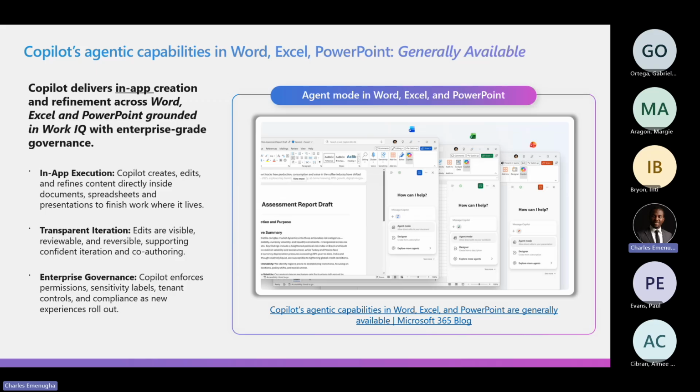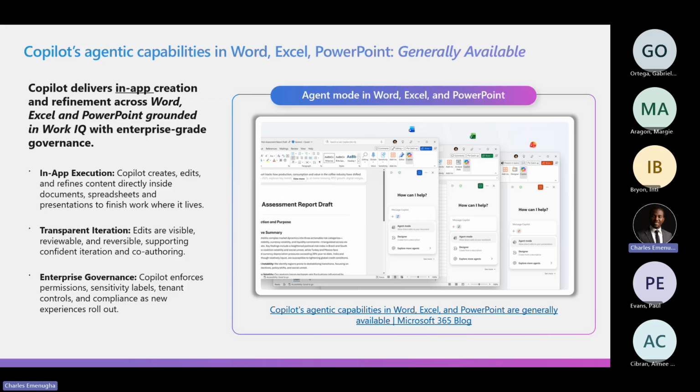What we've done here is that we've brought in the power of Work IQ, which simply means Copilot is grounded in live contexts like your current files, your meetings, your chats, your working relationships. And as that context changes, Copilot automatically updates itself so that it can stay relevant to you and provide you accurate responses every time you use it.